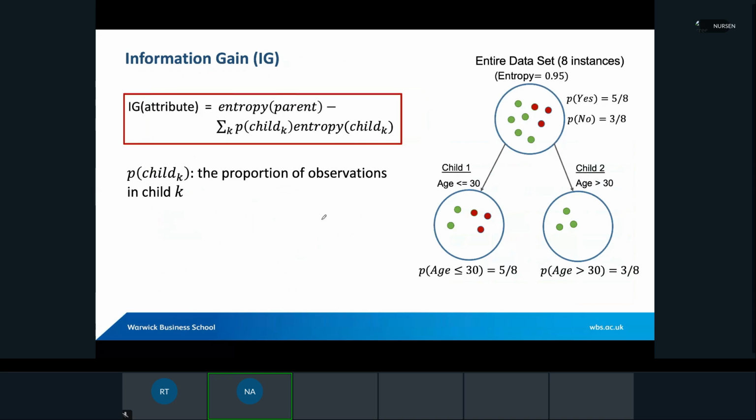So how do we calculate how much age can help us to decrease the entropy? In the overall data set, we have yes cases 5 over 8, right? We have 1, 2, 3, 4, 5 green dots, 5 over 8 yes cases, and we have 3 red dots, 3 over 8. And we have already calculated the entropy of the entire data.